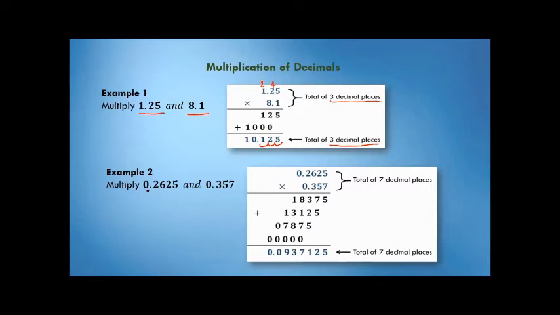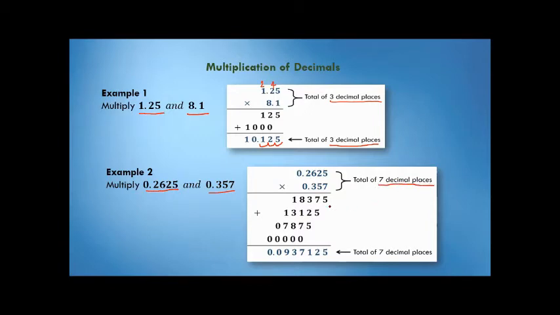Now, example number 2. So we have 4 decimal digits, and another 3 decimal digits. 0.2625 times 0.357. Isulat natin siya ng ganito, bilangin ang decimal places. Yung una 4, yung isa 3, a total of 7 decimal places.